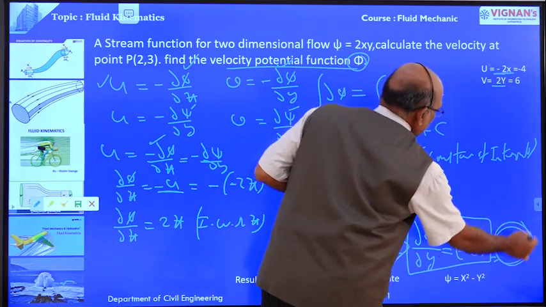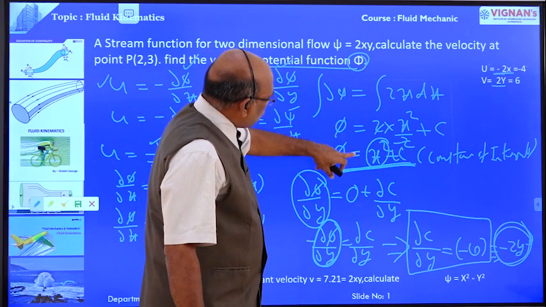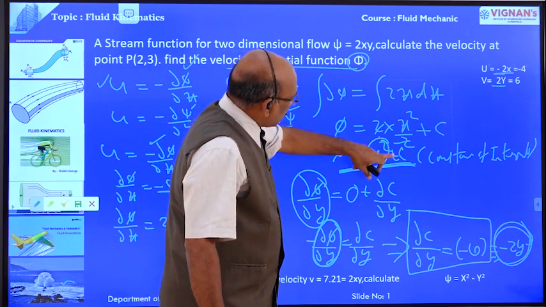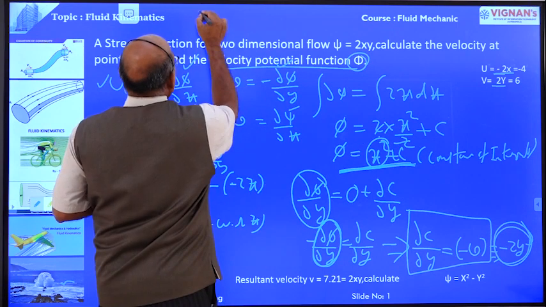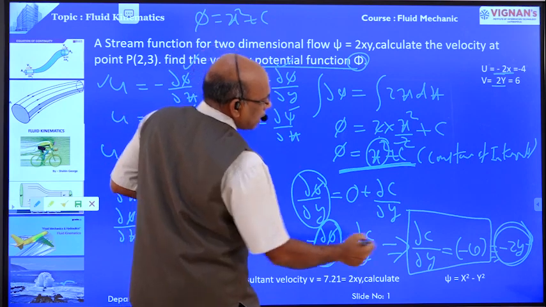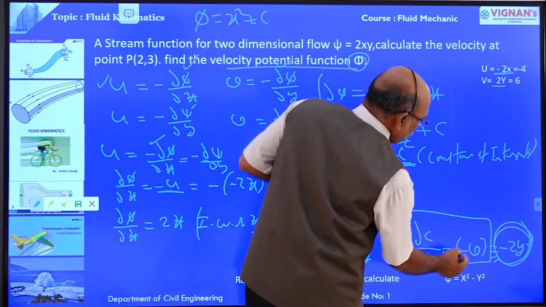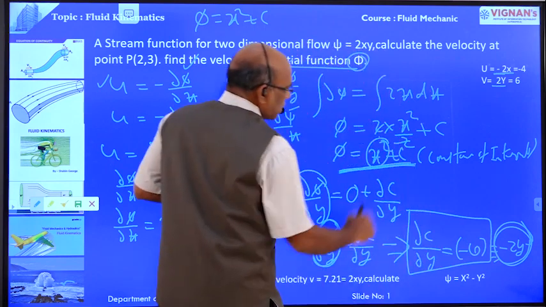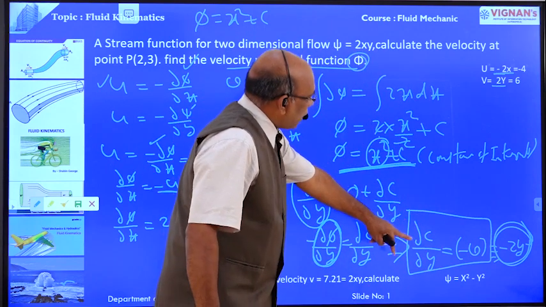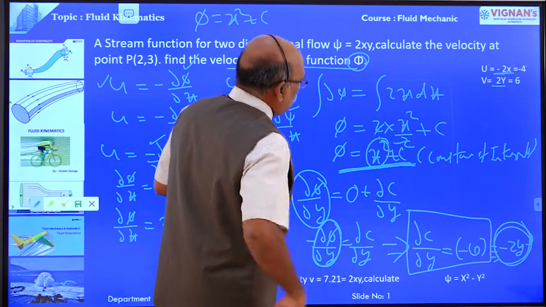This value is substituted in the standard equation. What is the standard equation? phi equal to x square plus c. But dou c by dou y is equal to minus 2y. First this one we integrate with respect to y, then we have the c value.